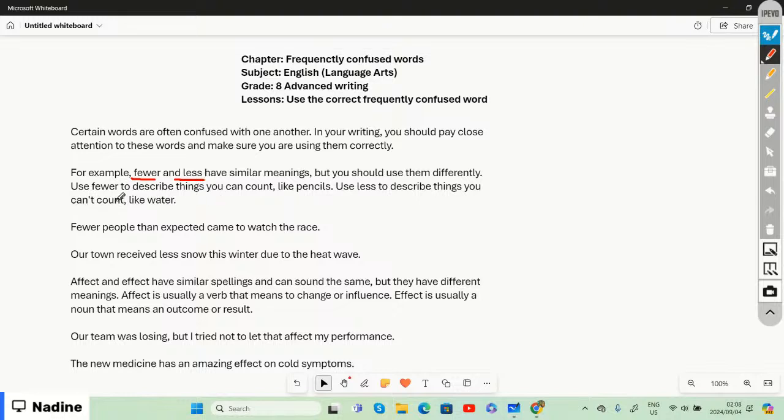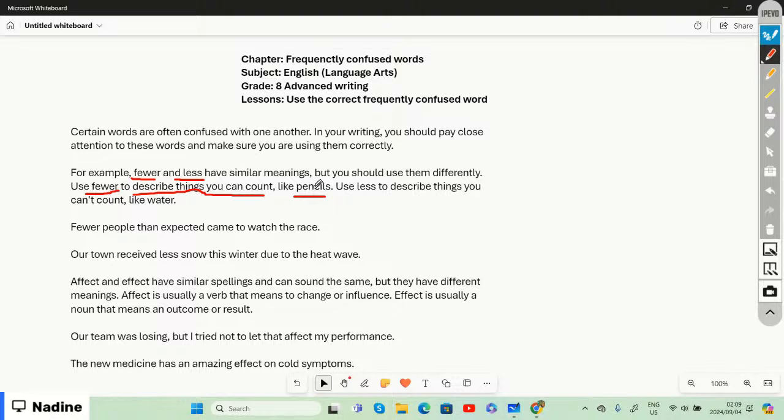And for example, right, we can use fewer to describe things that you can count. So things that you can count, we use the word fewer. Like pencils, we can count. Like pens, we can count.